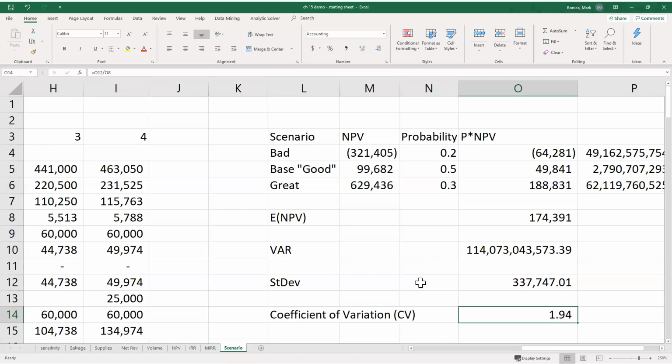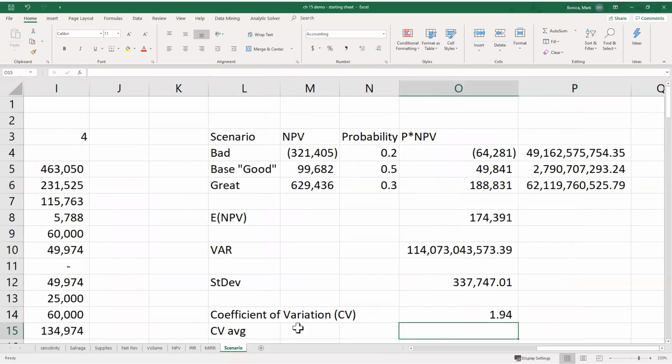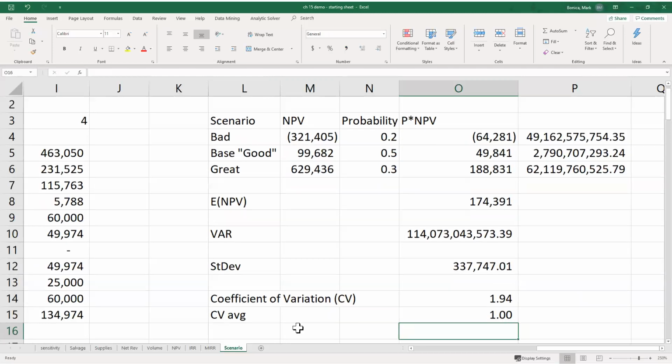So the CV average is 1.0, right? This one has a 1.94. So is this project more risky or less risky than the company average? Good. Okay. Everybody's with me.